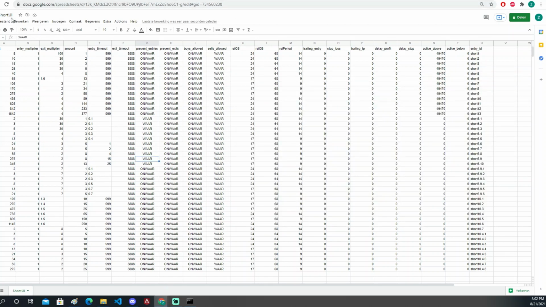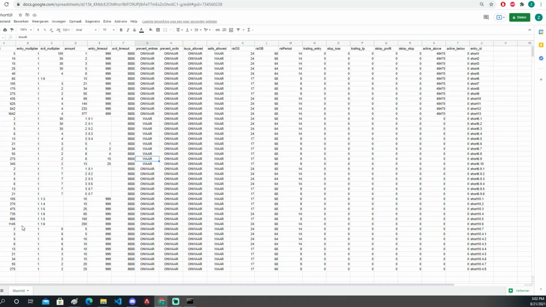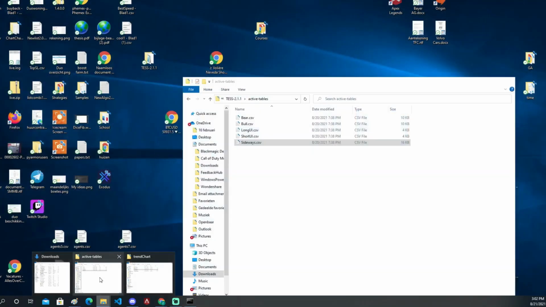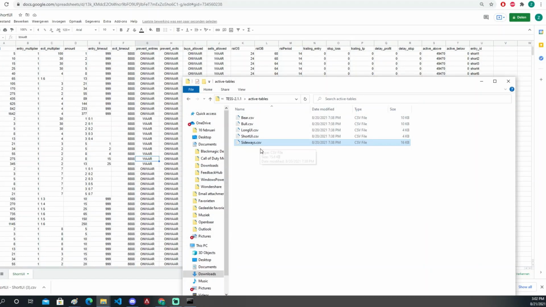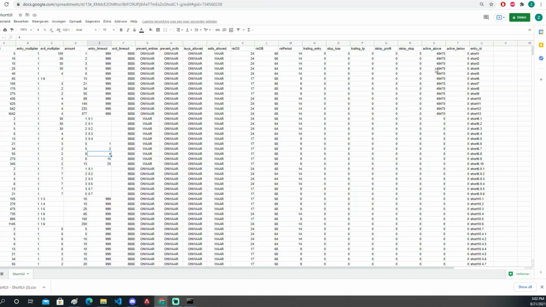So you just click on download as CSV, and you just basically move them in your active table folder, and replace the old ones. And as you guys know, you just click run Windows and you start all the tables because you already set your levels. So that's basically how you can set your own levels. That's what I will be doing right now. I'll be starting the tables, keeping you guys up to date.